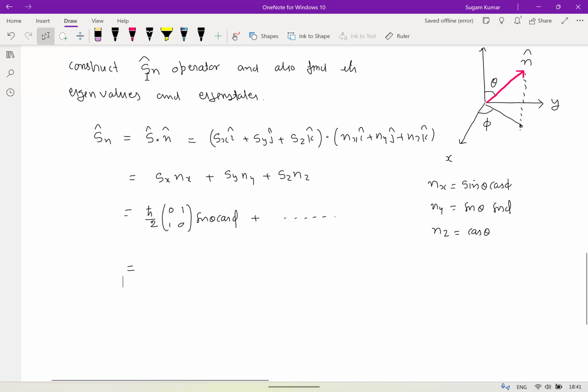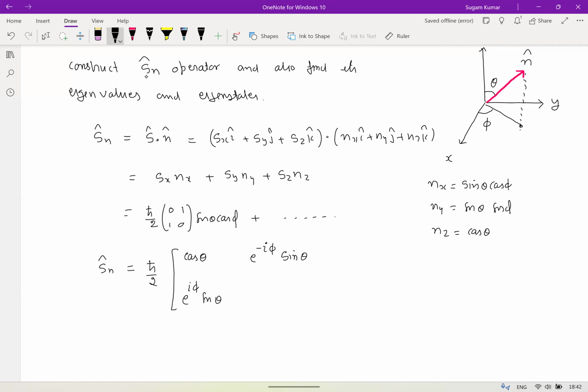And at the end, you will see this Sn operator in the n direction comes out to be h cut by 2 times the matrix with entries cos theta and e power minus i phi sine theta, and similarly e power i phi sine theta and minus cos theta. So this is the operator.